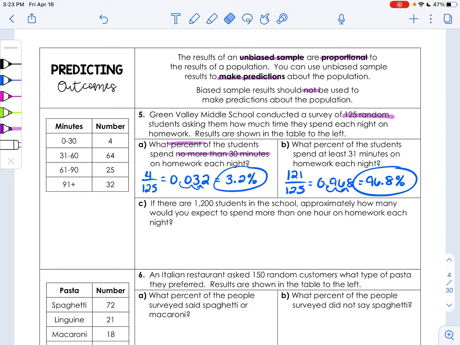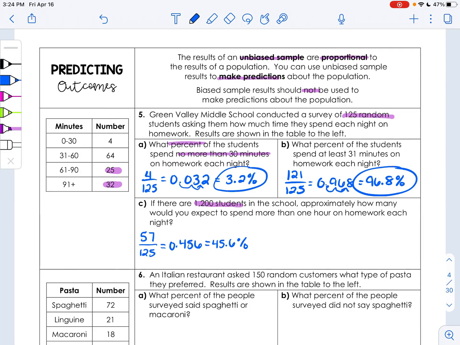So more than an hour is going to be the 25 plus 32. 25 plus 32 is 57 out of the 125. So we're finding that percentage of just the sample. So that's 0.456, which equals 45.6%.